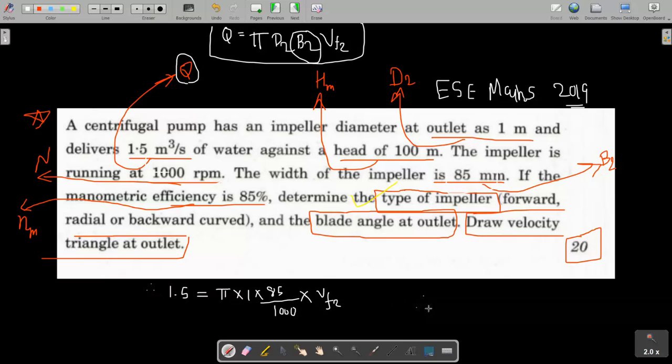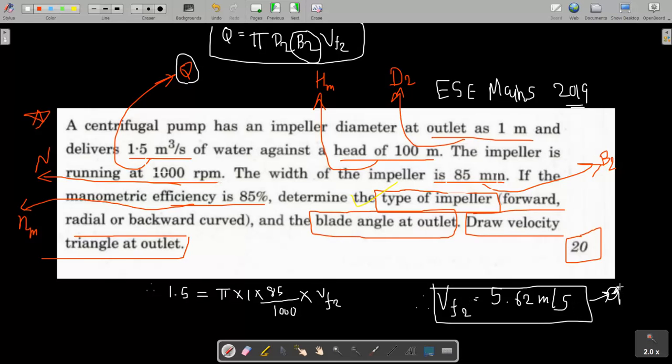When you solve this, you will get VF2 as 5.62 meter per second.